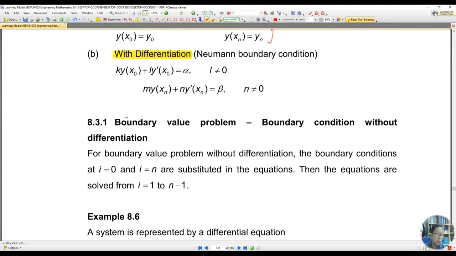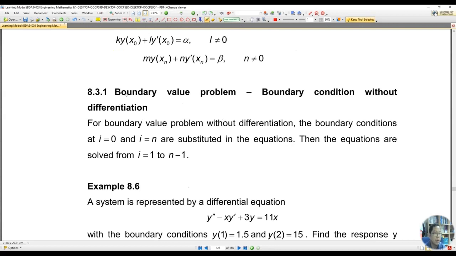For a boundary value problem without differentiation, the boundary conditions at i equal to 0 and i equal to n are substituted.